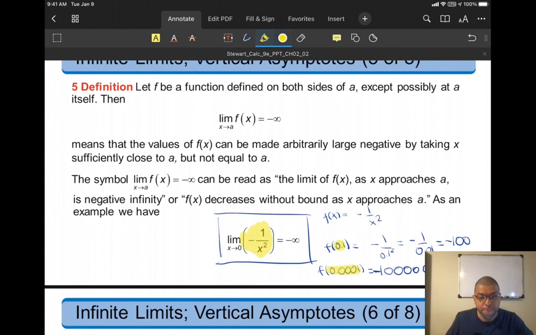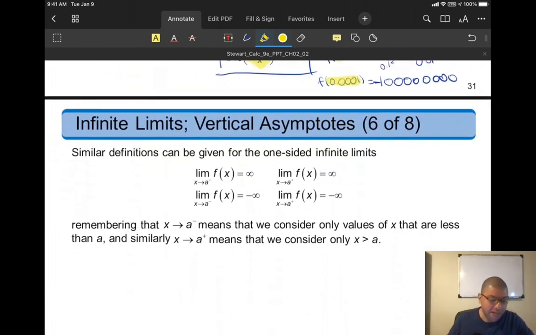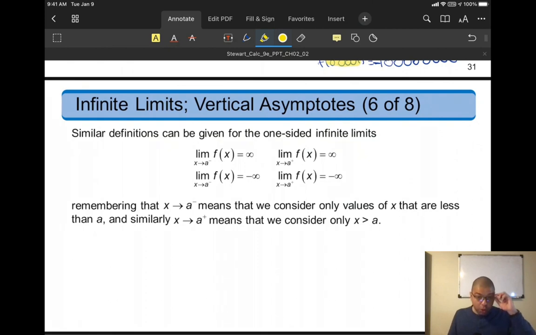They say negative infinity is the fancier way. Minus infinity is fine. I'll try to say negative infinity more often than not, but I may not. Just to close it up, we've talked about asymptotes before, these lines.